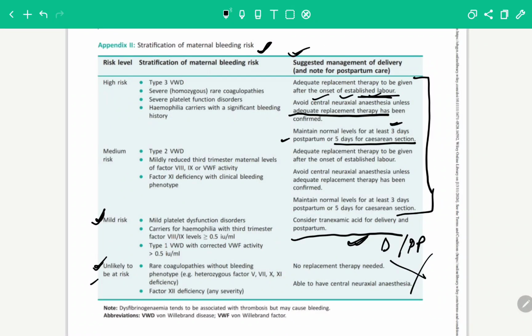When the patient is in established labor, we have to ensure that adequate replacement therapy has been given to the patient at the onset of established labor. And definitely neuraxial anesthesia, when we're talking about it, also encompasses the C-section patients. So very, very easy to understand the management of delivery and postpartum care. Thank you.